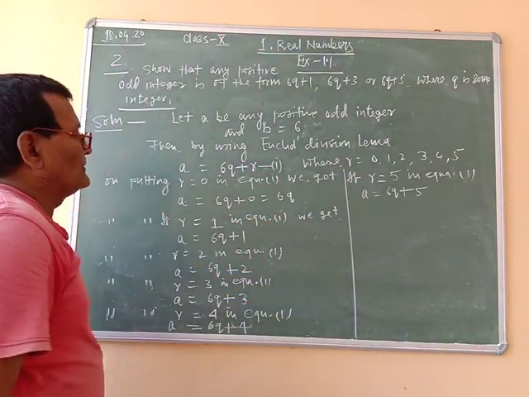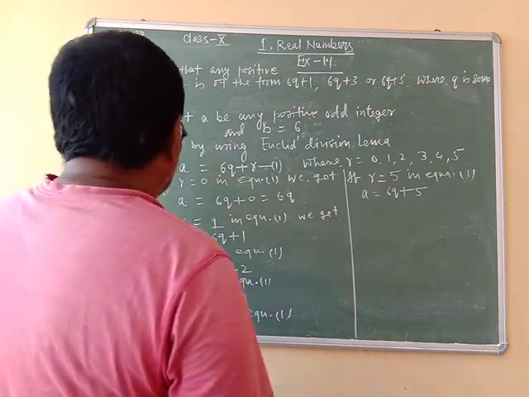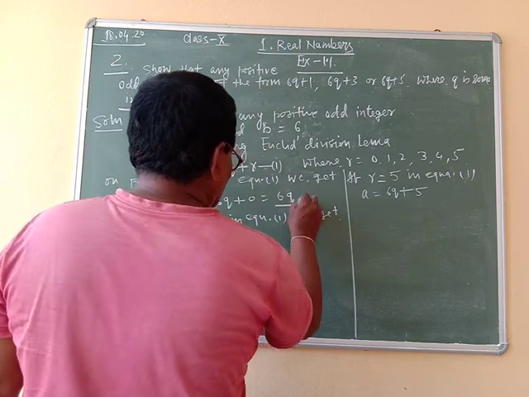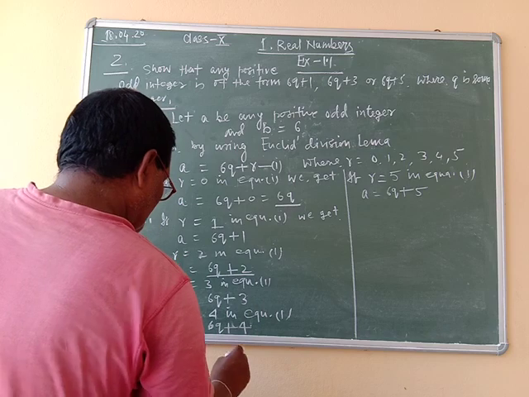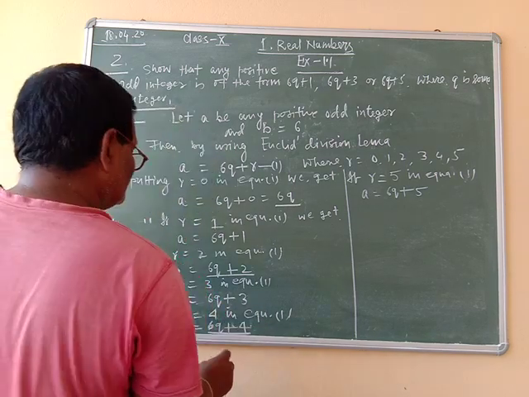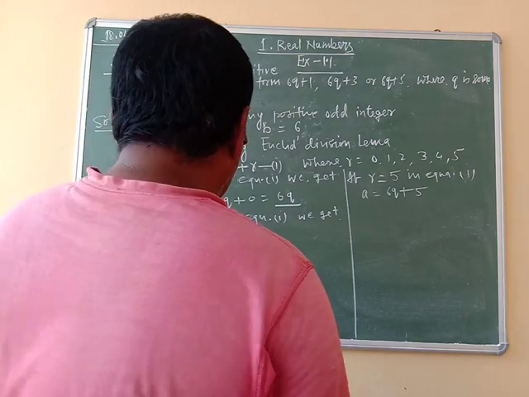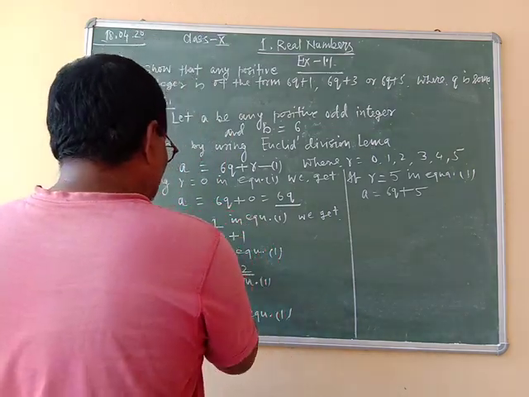Since a is an odd integer, a cannot be 6q plus 2, 6q plus 4 and 6q.